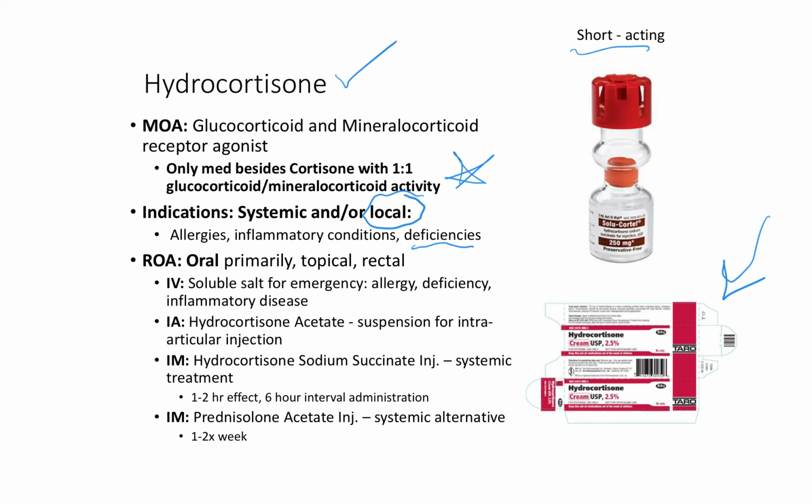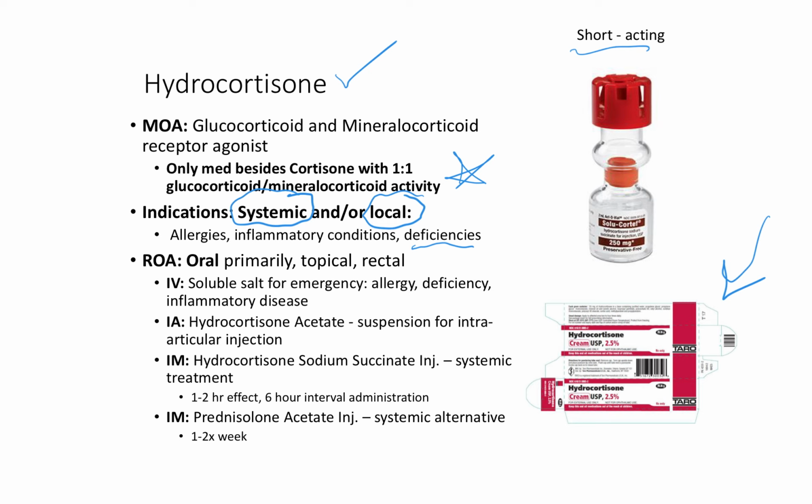If you give something locally, you're limiting the amount of transfer that drug has throughout the body, so you have less side effects. However, if you give something systemically, like by injection, it's going to hit every cell in the body, and it's going to give you a greater array of side effects. So you have to keep that in mind. And if you can choose local, that's always best.